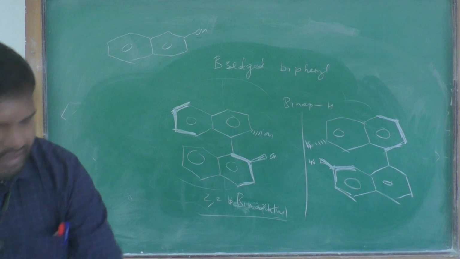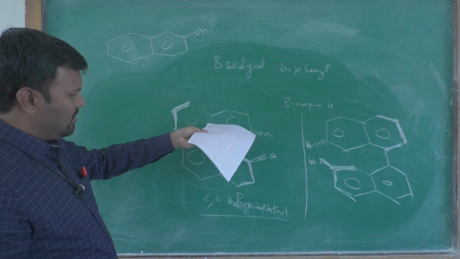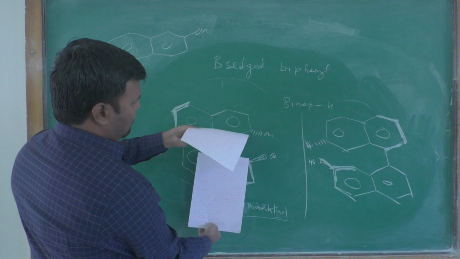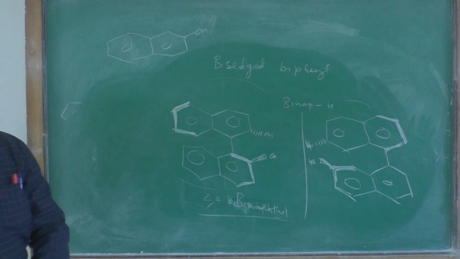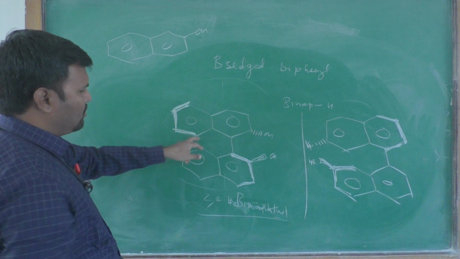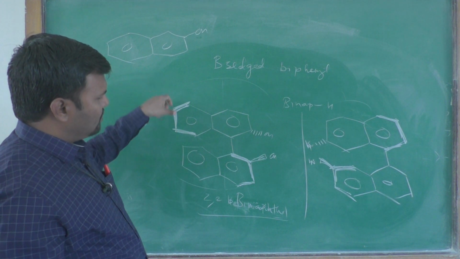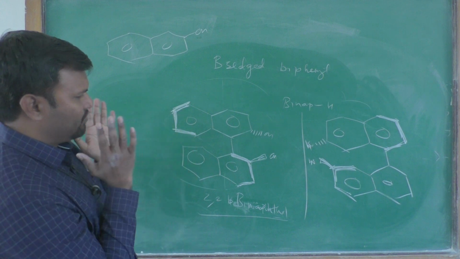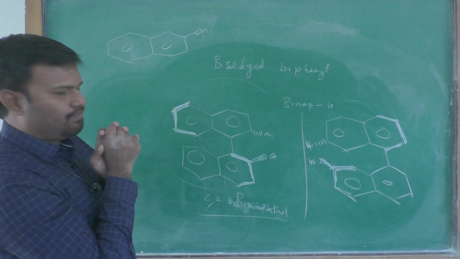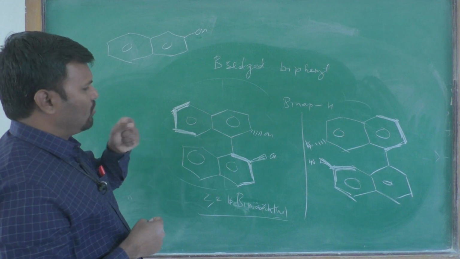If the first ring is planar, then the second one is like that, so they are perpendicular to each other. The first ring becomes perpendicular because there is repulsion between the hydrogens. When you move this towards us, the OH becomes away from us, and this is also towards us.